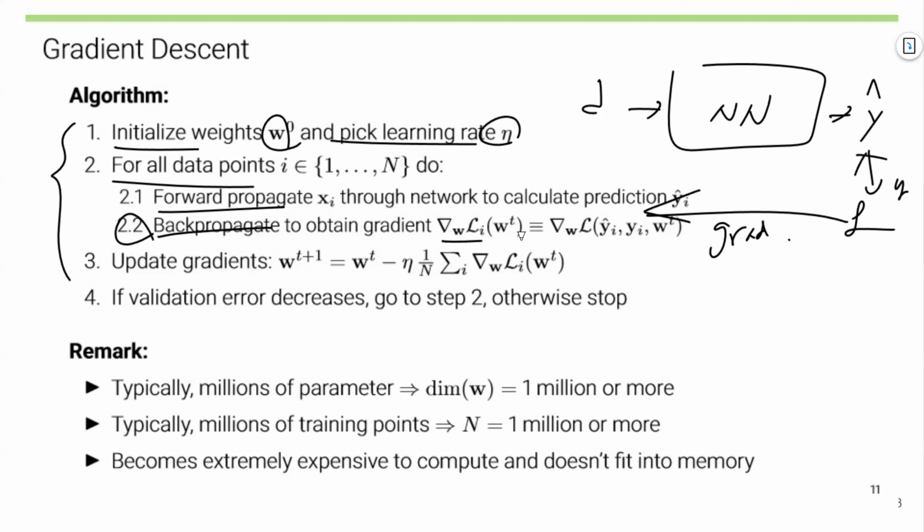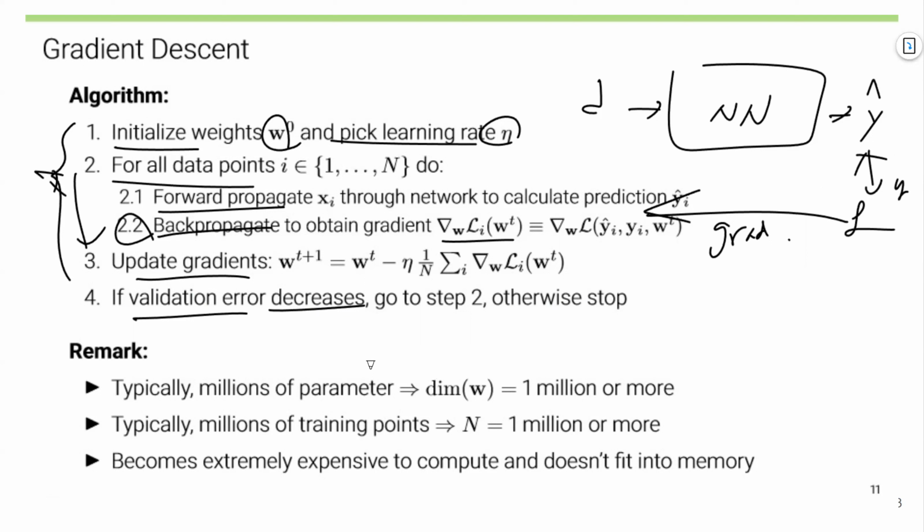Anyway, we obtained our gradient, and then using our gradient, we update our parameters. And if validation error decreases, we go to step 2 and repeat this process again and again. However, if our validation loss increases or does not decrease at all, then we just stop there, meaning that the training process is over.